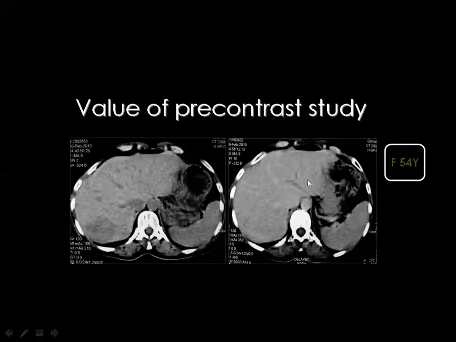You see this is the post-contrast scan, and this is the non-contrast scan, and in the non-contrast scan you can see a focal lesion which is not seen after injection of contrast medium. And this occurs whenever the lesion and the liver enhance to the same degree. Sometimes the lesion takes the contrast media similarly to the liver parenchyma.